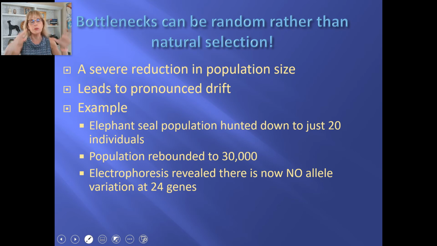Therefore, that would be a random event and it would not be due to natural selection. Right? Very small populations are at significant risk for what is called genetic drift. We'll talk about that. Humans are very often the cause of bottlenecks and dramatic reductions in population sizes.